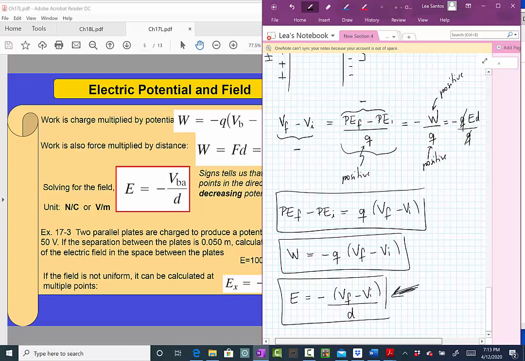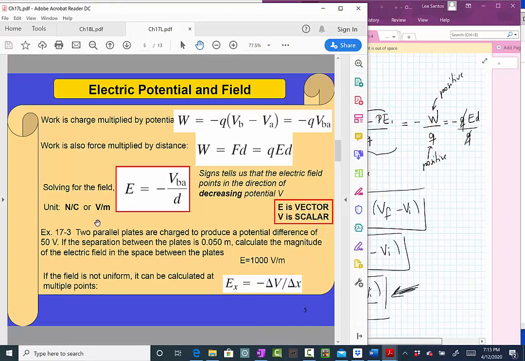Let's have a look at this problem. This problem here is asking for the electric field. Let's read. We have two parallel plates charged to produce a potential difference of 50 volts. If the separation is 0.05 meters, calculate the magnitude of the electric field.